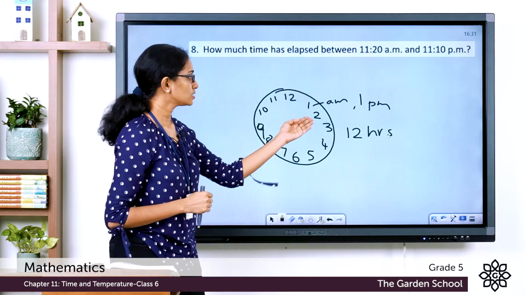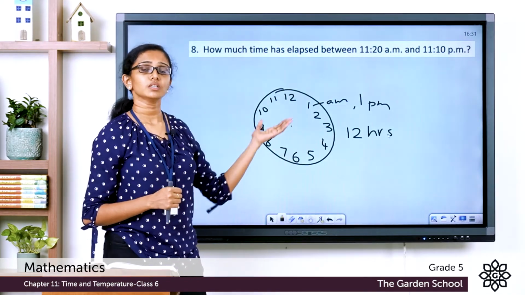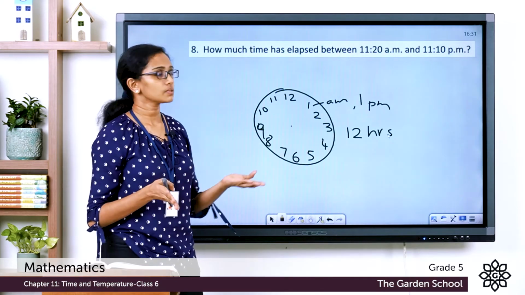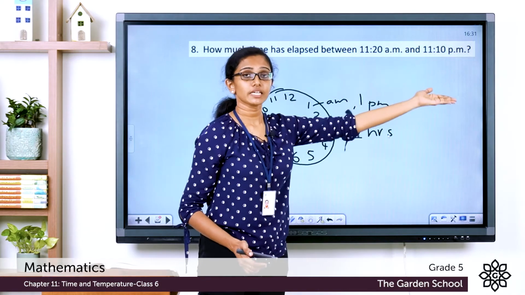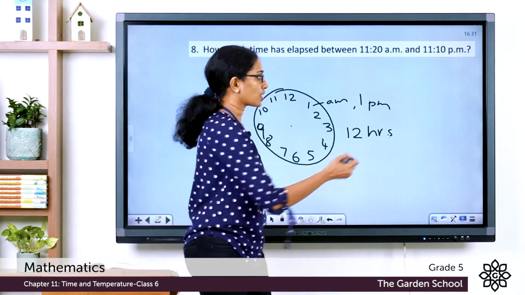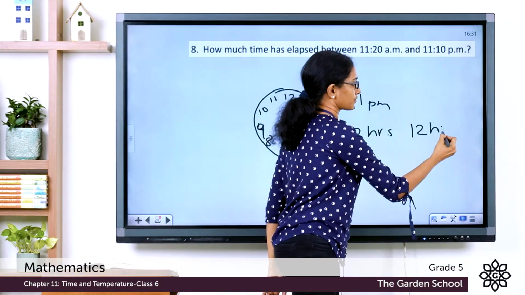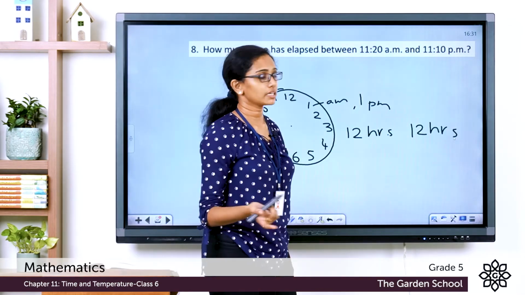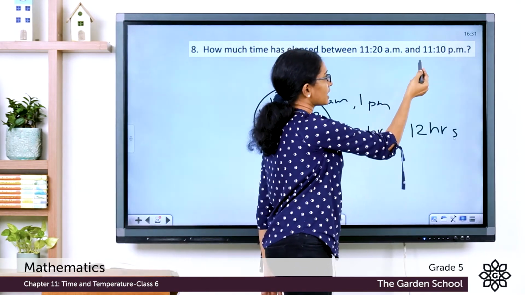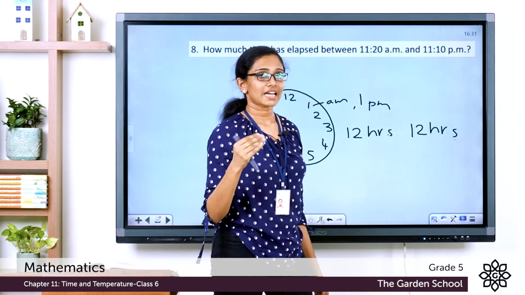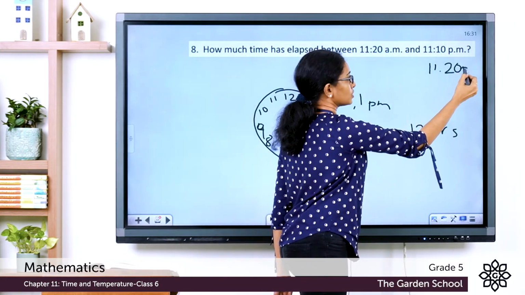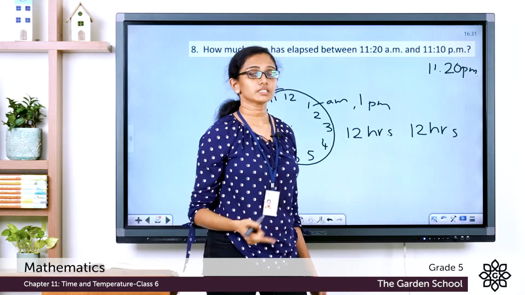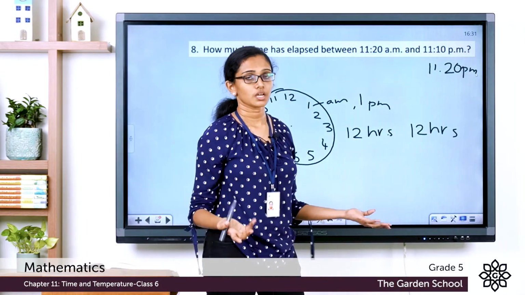So between 2 a.m. and 2 p.m. there will be 12 hours. So similarly, between 11:20 a.m. and 11:20 p.m. there will be a total of 12 hours. But here the time given is 11:20 a.m. and 11:10 p.m. which is 10 minutes less than 11:20 p.m. So that will be 10 minutes less than 12 hours, right?